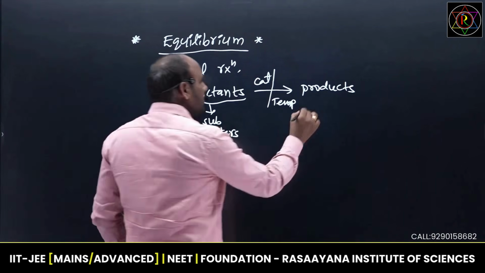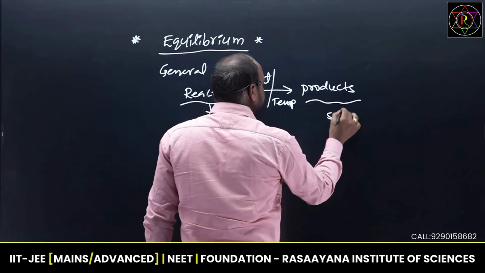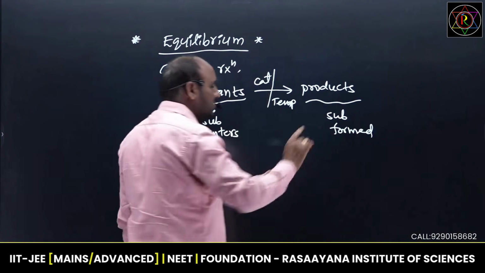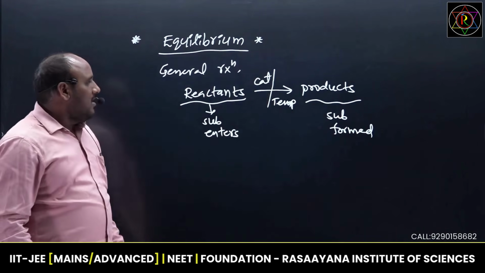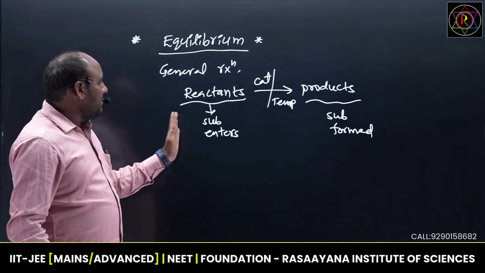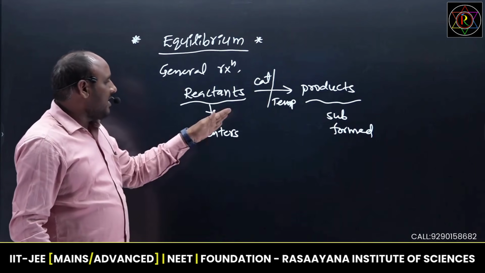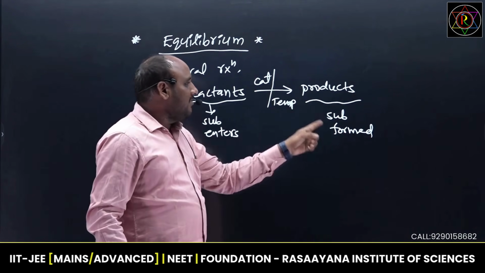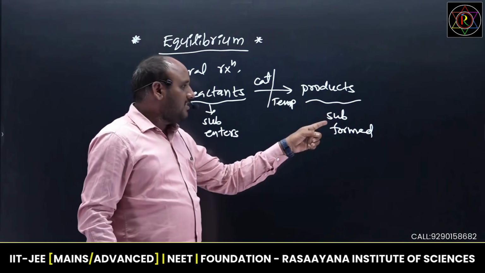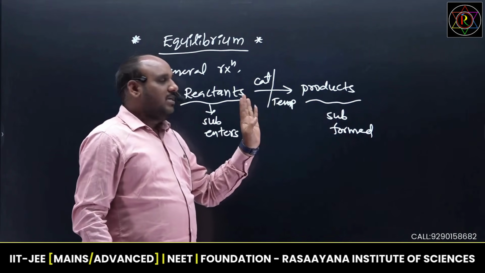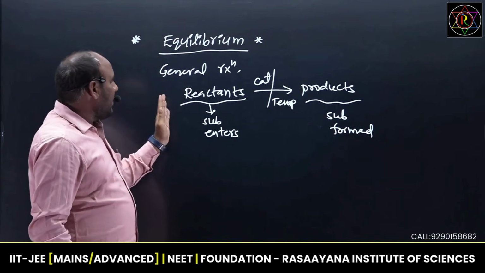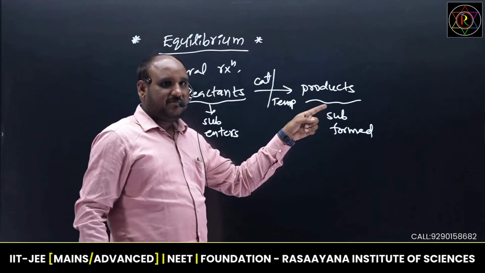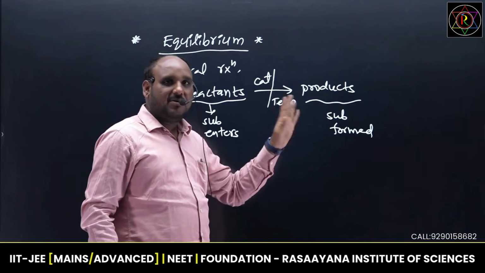The substance which is formed in a chemical reaction is called the product. Whatever substance enters the reaction is known as the reactant, and whatever substance is formed in the reaction is known as the product. If a reaction is carried out from reactants to products in only one direction, that is called an irreversible reaction.